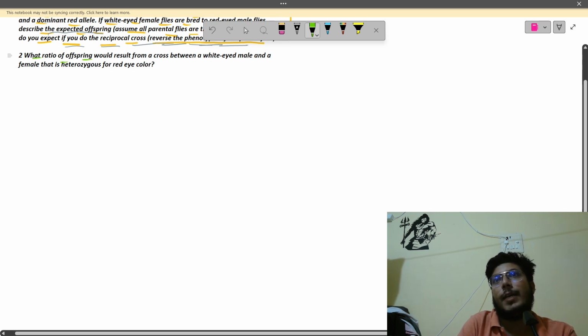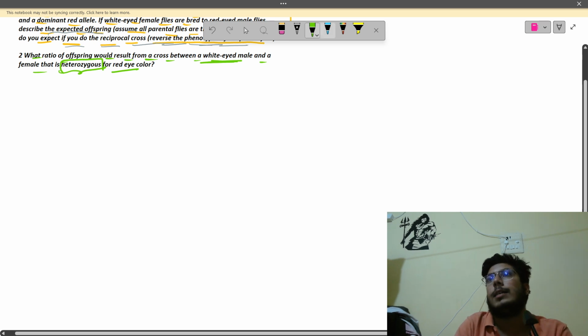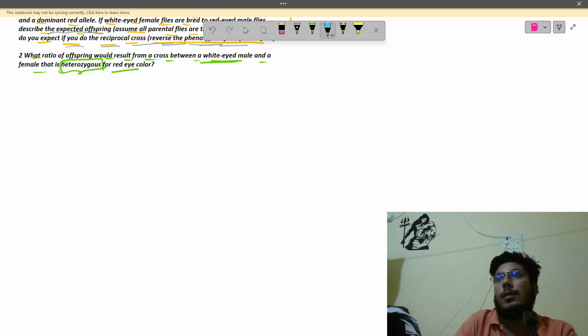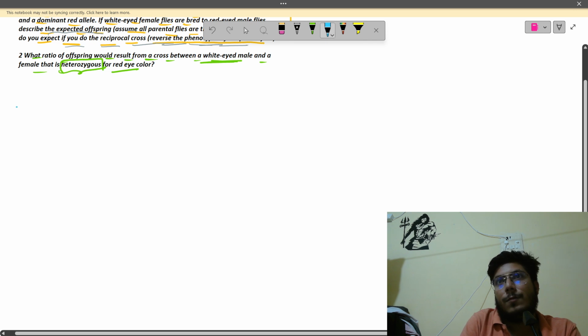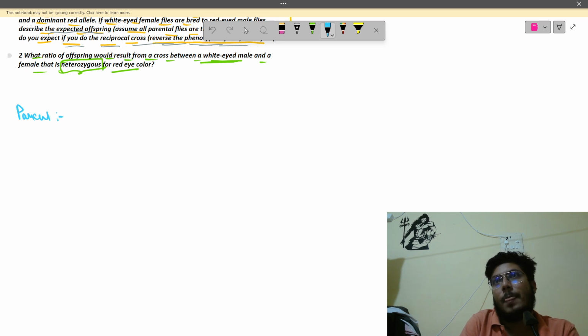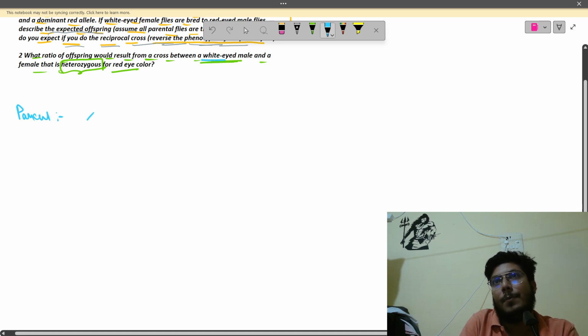What ratio of offsprings would result from a cross between a white-eyed male and a female that is heterozygous red? We have a very important word, heterozygous red. Heterozygous red means the parent. If we draw the genotype of the parent, we have a white-eyed male.